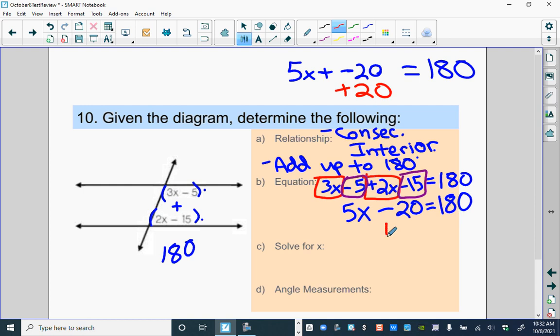Yes, it will be positive 20 here. Positive negative 20? No, because you have to follow the sign closest to the number. So like right here, you follow the sign closest to the number.